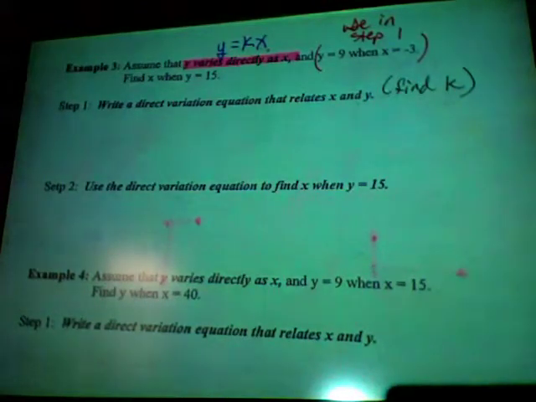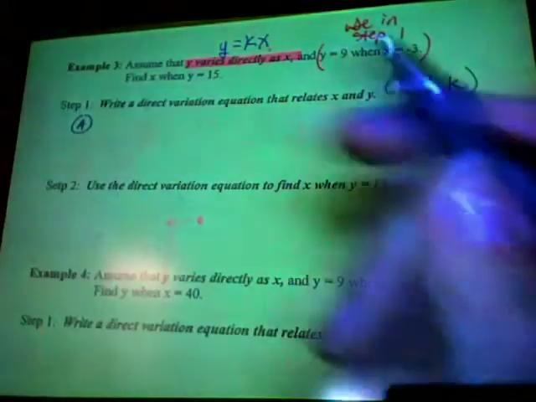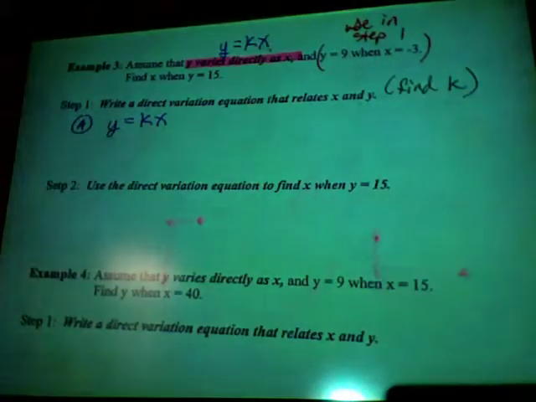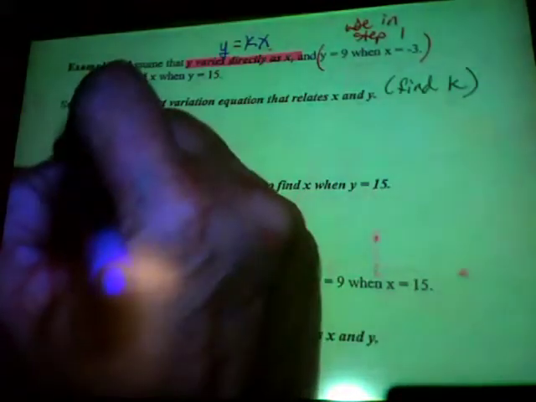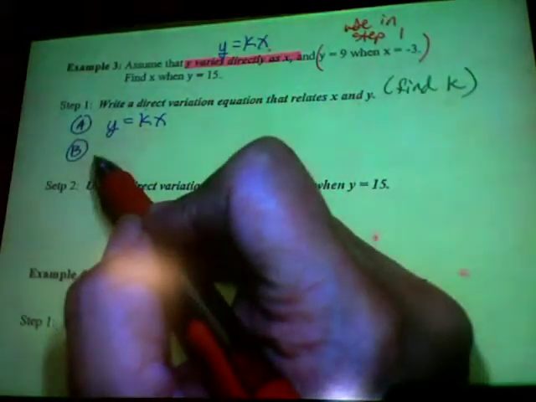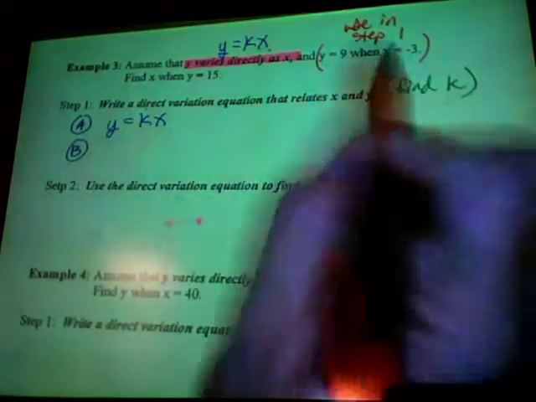So the first thing that you do, step 1, well, step A in 1, let's call it that. We're going to start out with y equals kx. That's our formula. Then you're going to plug in these values. So they gave you an x and a y. So part B, replace your y with what? What did they tell you y was up here? 9. So y gets replaced with 9.